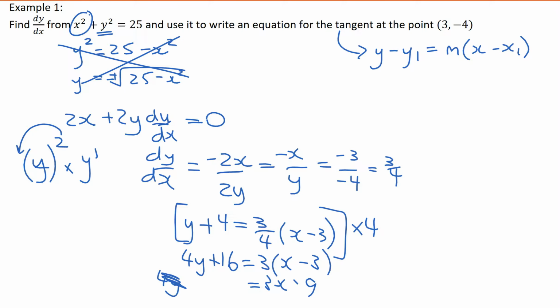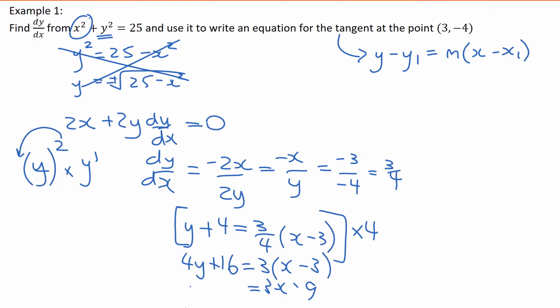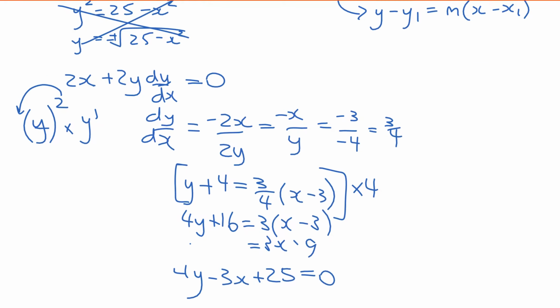Do it over here because I've run out of room. So 4y minus 3x plus 25 equals 0. There is the equation of my tangent to that circle at that coordinate. Happy with that? Does that seem hard?